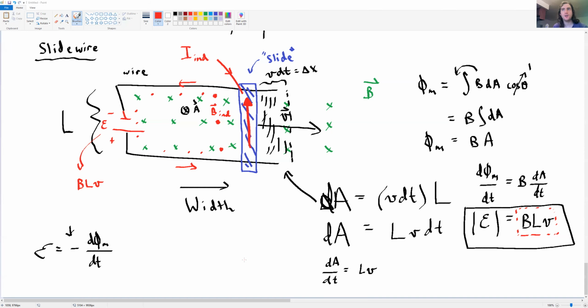Since there's a current being forced to flow in the circuit, there's going to be a force on this current-carrying wire, and that force would drive this projectile. This slide wire is now a projectile. You're going to want to shoot it off like a gun, like a railgun. That's the kind of question you might be asked on a homework.